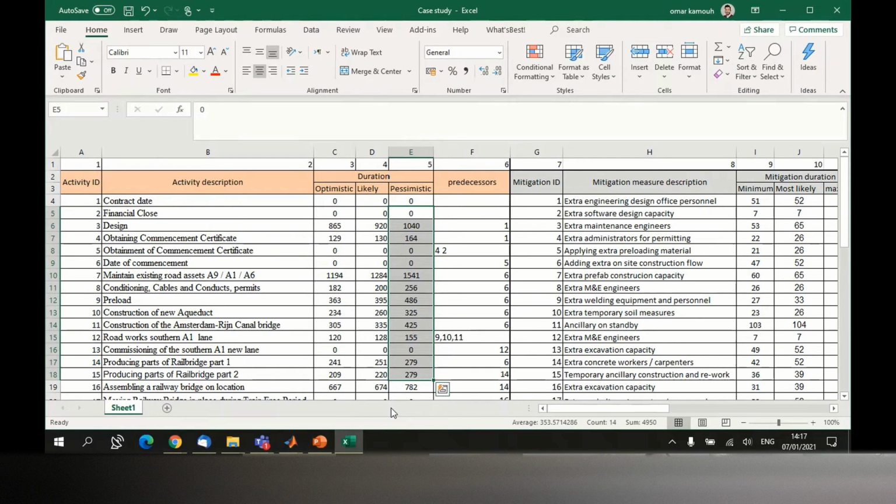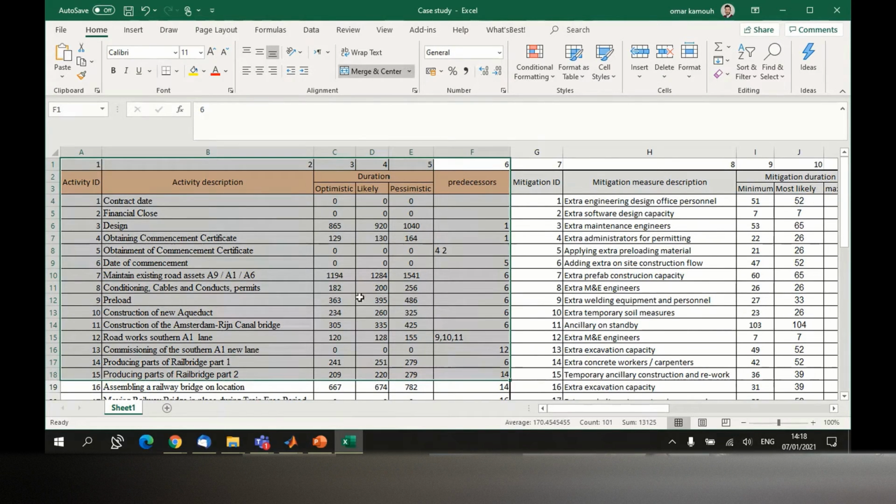And that is why what you are used to is on the left-hand side, on the orangey cells, basically. So that's the classical way of doing things. You have all your activities and you define your duration estimates. In this software, you also need to define mitigations that affect certain activities that you have to define.